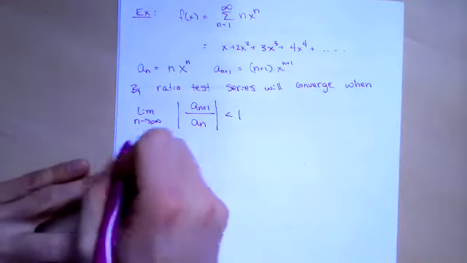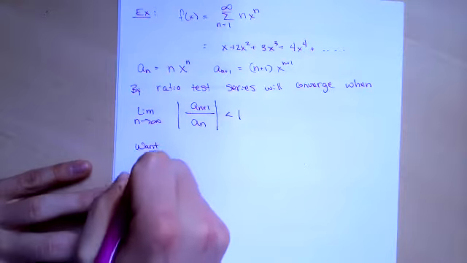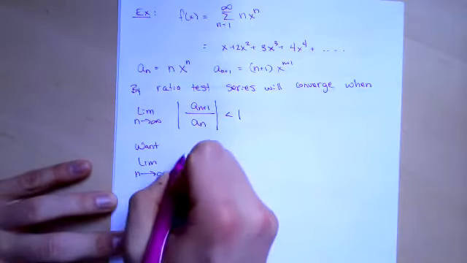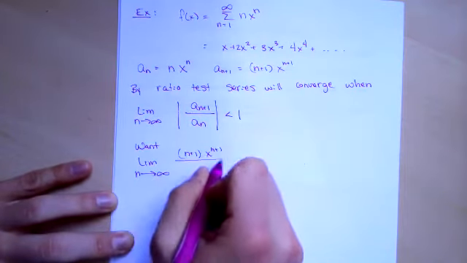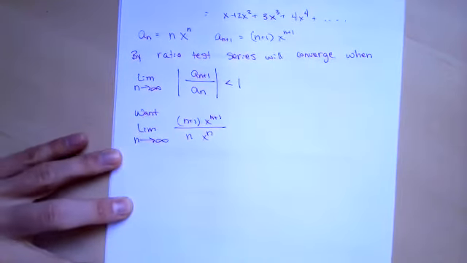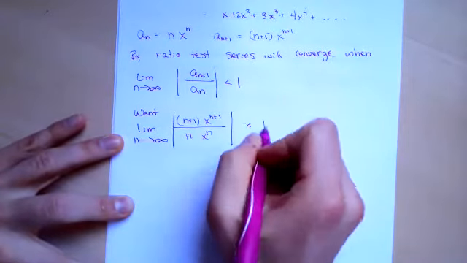So what does this say? This means we want the limit as n goes to infinity of n plus 1 x to the n plus 1 over n x to the n, and we want that to be less than 1.